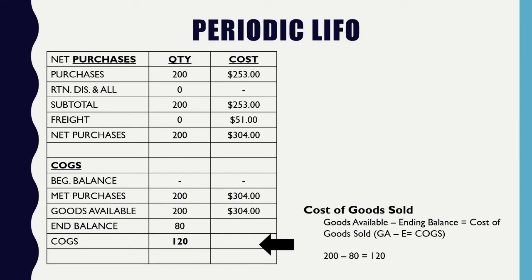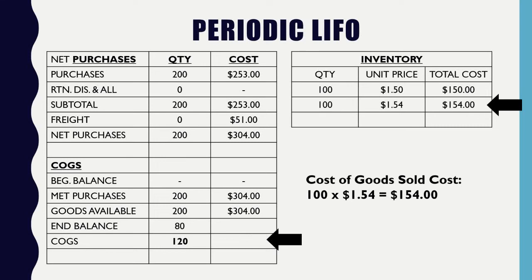So now that we have this information that we sold 120 units, we need to look at how we're going to calculate the value of my cost of goods sold. When we take a look at our inventory, we have 2 batches.